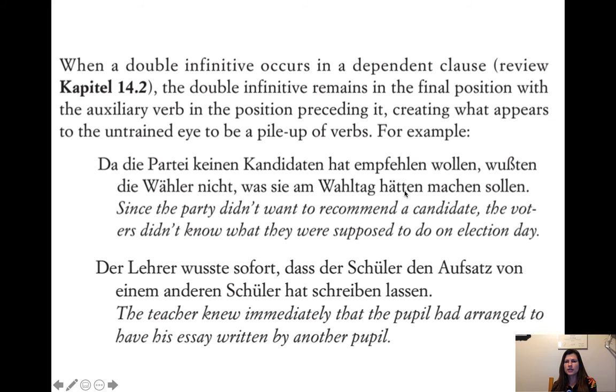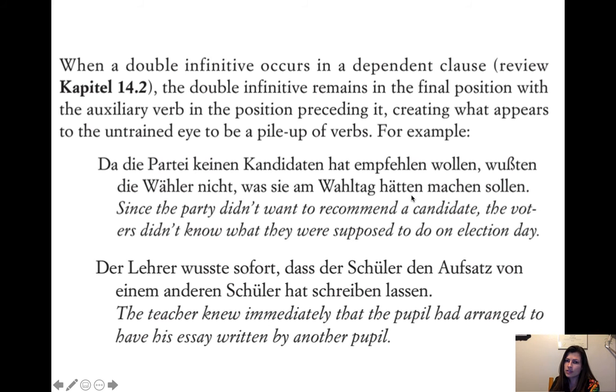Just like hätten machen sollen is pretty confusing to someone first learning German. Were supposed to do is also pretty confusing. The one added element here is that hätten is actually in the subjunctive, which comes later. So don't worry about this one too much yet, because we're going into the subjunctive in more detail later. It's similar because it's a version of, see how hat and hätte, basically hätten is the subjunctive.